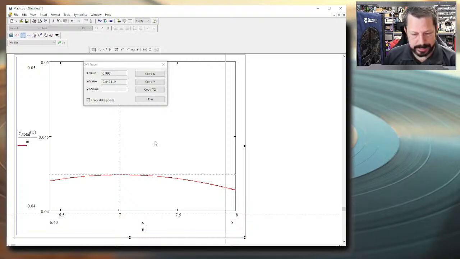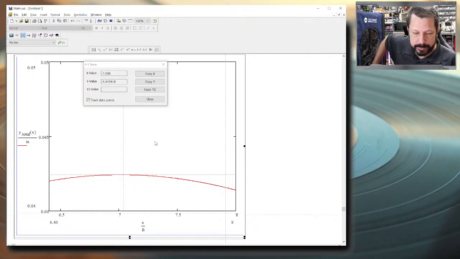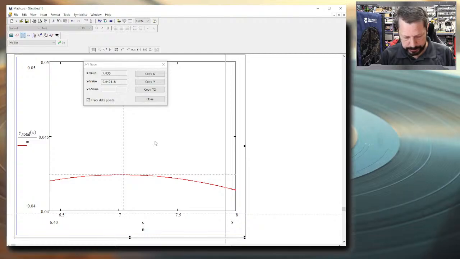All right, so there, 6.993 to 7.036. Let's just take the average of that and use that as what we put in. So 7.036 plus 6.993 divided by 2, 7.0145 will be our X position. And then the Y value right here, 042418, that will be our amount of deflection.